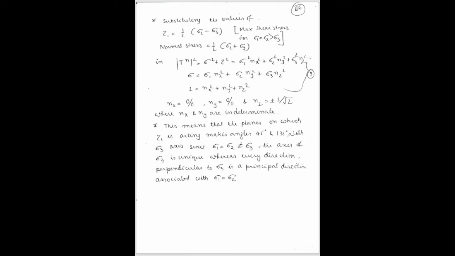This means that the planes on which tau 1 is acting make angles of 45 and 135 degrees with the sigma 3 axis. Since sigma 1 equals sigma 2 and these are not equal to sigma 3, the axis of sigma 3 is unique, whereas every direction perpendicular to sigma 3 is a principal direction associated with sigma 1 equal to sigma 2.